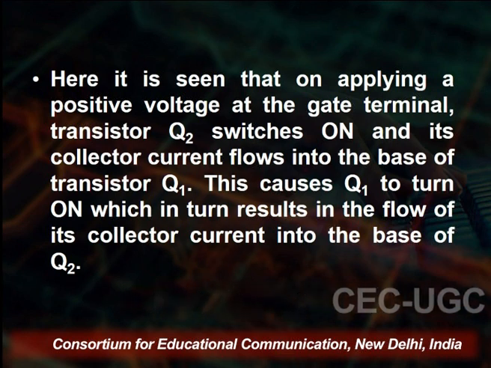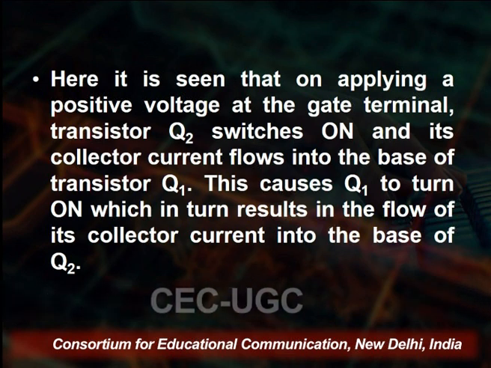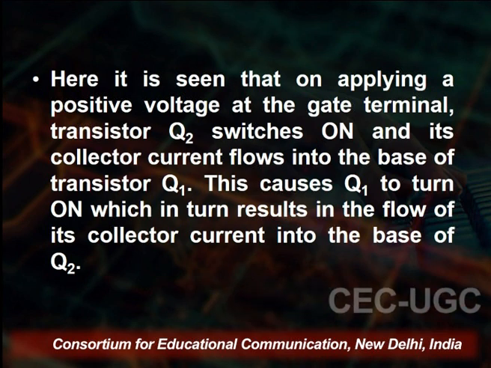This causes Q1 to turn on, which in turn results in the flow of its collector current into the base of Q2. This causes both transistors to get saturated at very high speed, and the action cannot be stopped even by removing the bias applied at the gate terminal, provided the current through the SCR is greater than the latching current.